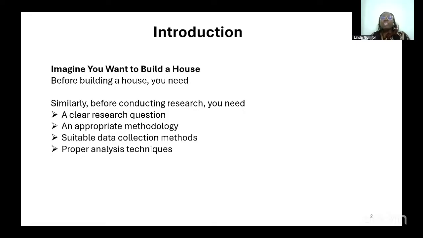You need a clear research question, an appropriate methodology, suitable data collection methods, and proper analysis techniques. In most of our webinars here, we've seen different analysis techniques for the different methods, which will not be covered in this study.